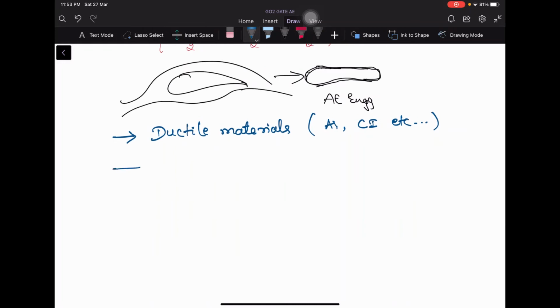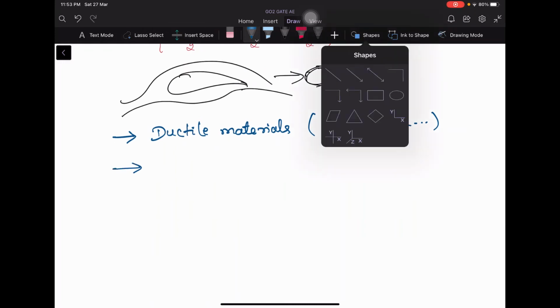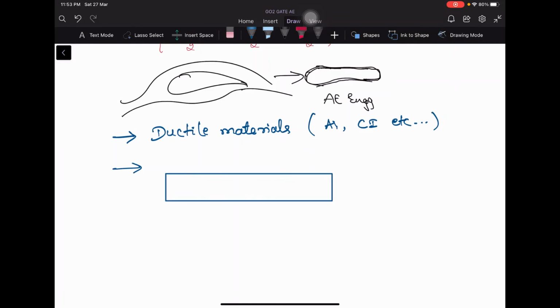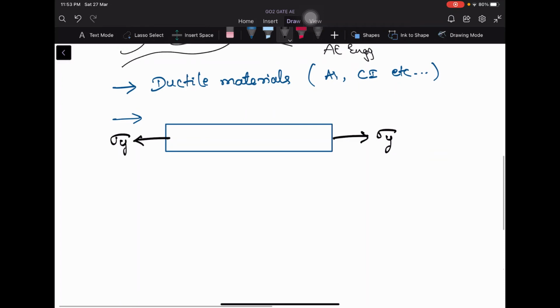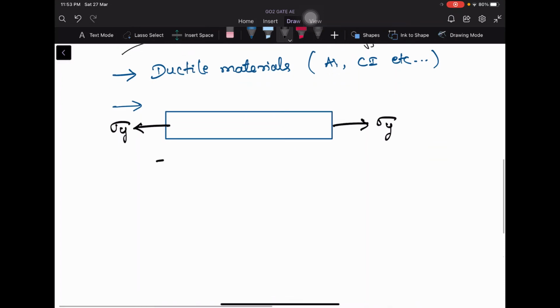So now let us consider a bar, and we'll apply load. Here sigma y is the yield stress which is acting on the bar. So now we know your maximum shear stress is equal to sigma 1 minus sigma 2 divided by 2.